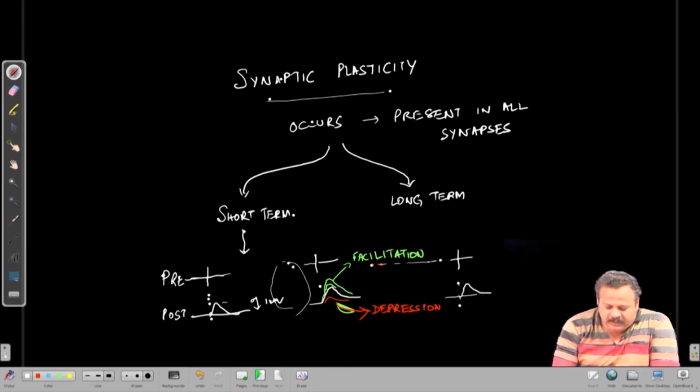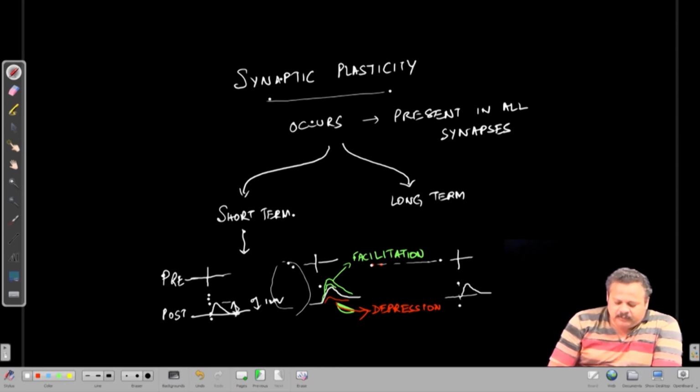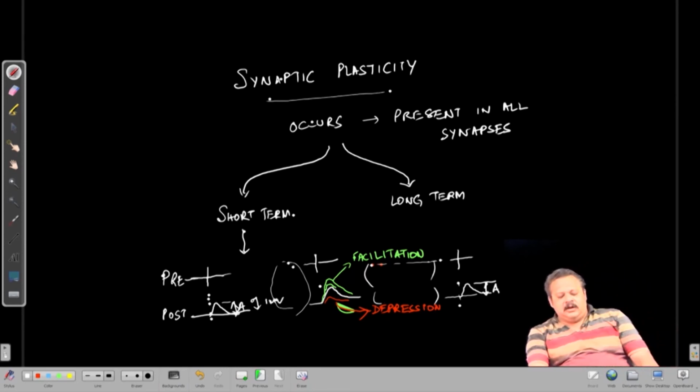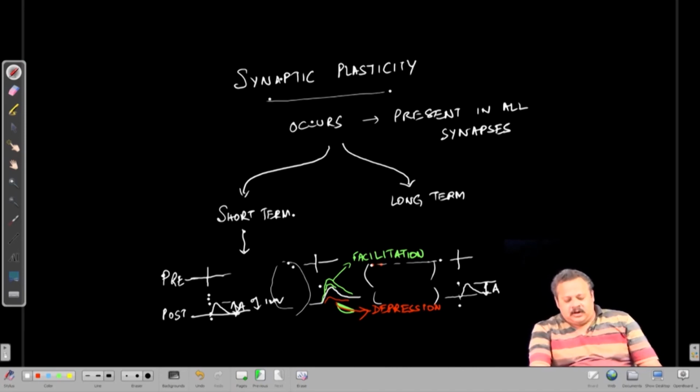So, if this postsynaptic potential, EPSP, is of amplitude A, at the end when we measure the synaptic strength again, we get back our A.